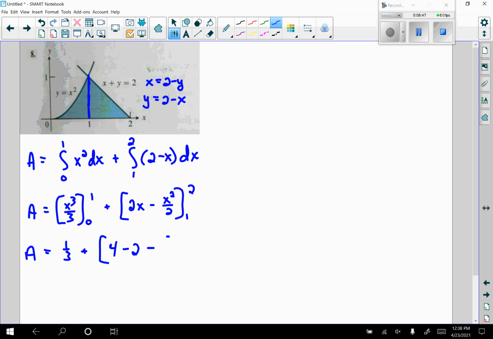Then we have to subtract when this is 1, so we'll get 2 and then minus a 1/2. So this will give us 1/3. We'll get 4 minus 2 minus 2, so that's just going to be 0, and then we're going to get a plus 1/2. And 1/3 plus 1/2 gives us 2/6 plus 3/6, so we get 5/6 square units.